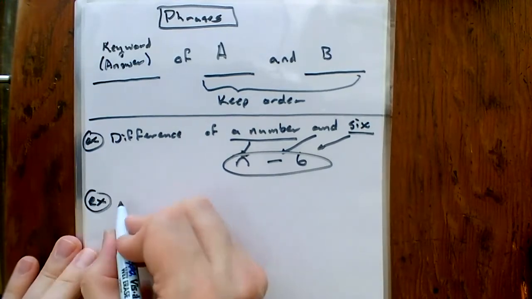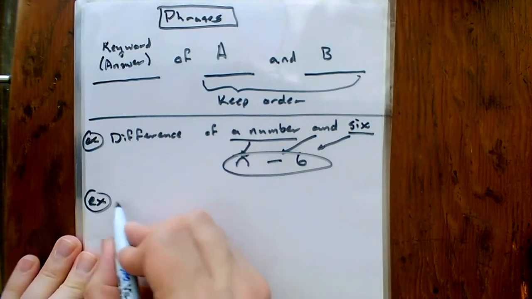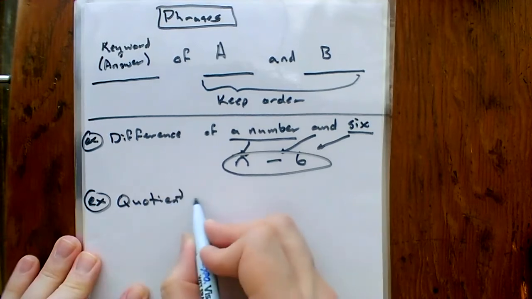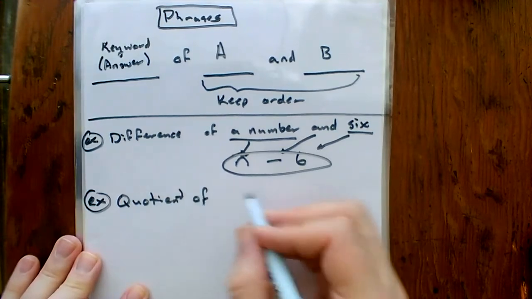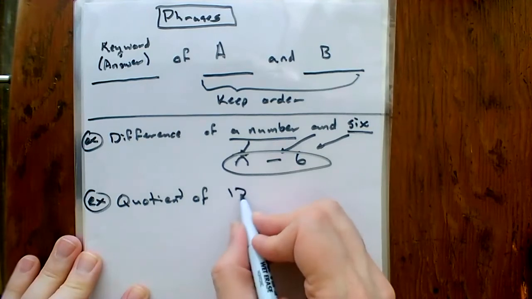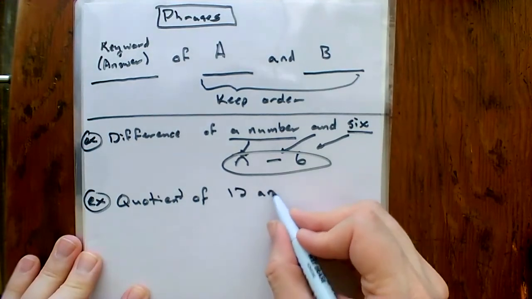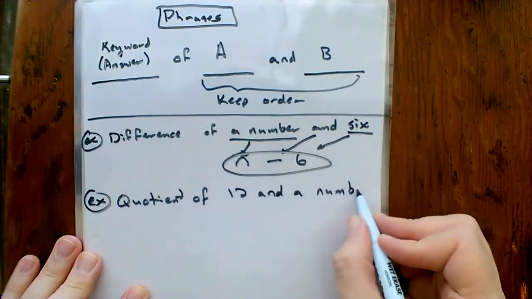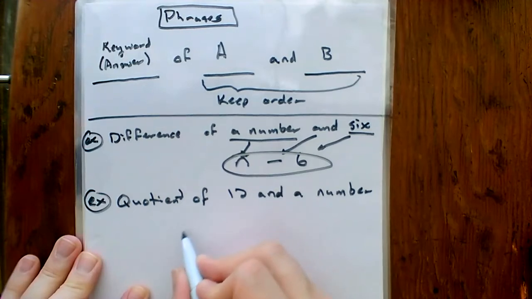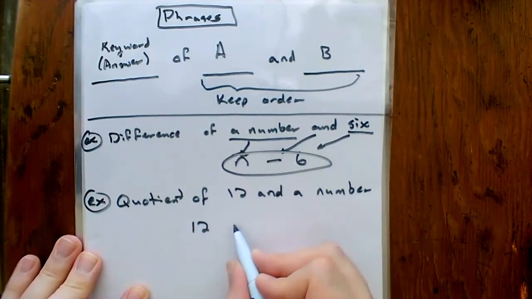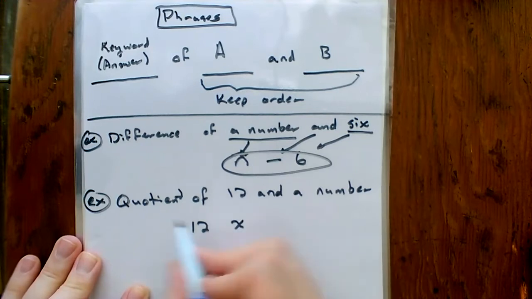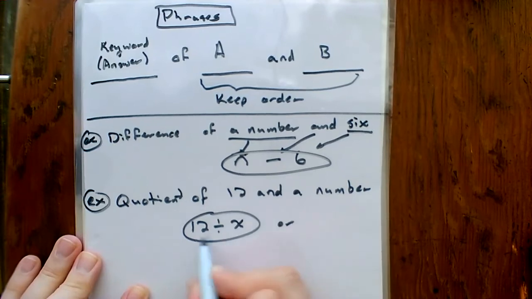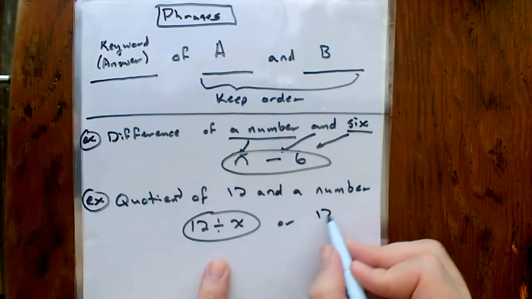Let's do it again. I could have division, and this is actually a great one for this. If I just said, the quotient of 12 and a number. This is going to be 12 and a number. I'll use x this time. And quotient tells us we're dividing. So I could do something like this, or because it's division, we could also say 12 over x.